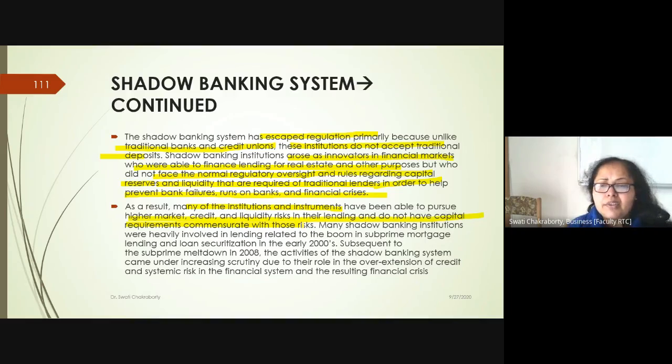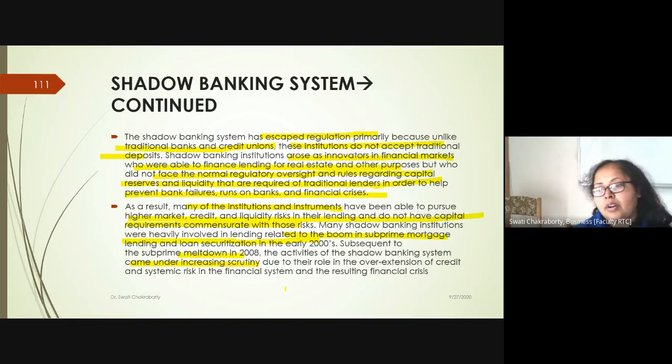Okay, so many of these shadow banking institutions were heavily involved in lending related to the boom which led to subprime mortgage lending and loan securitization in the early 2000s. After the subprime meltdown in 2008, the activities of the shadow banking system came under increasing scrutiny because of their role in overextension of credit.